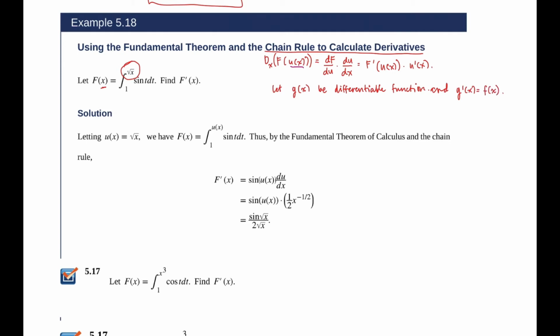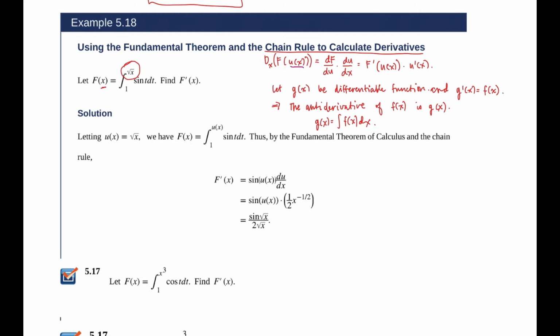So it follows that the antiderivative of f of x is g of x, meaning g of x is equal to the integral of f of x dx.